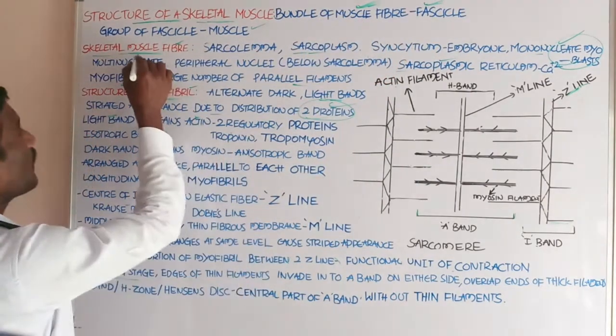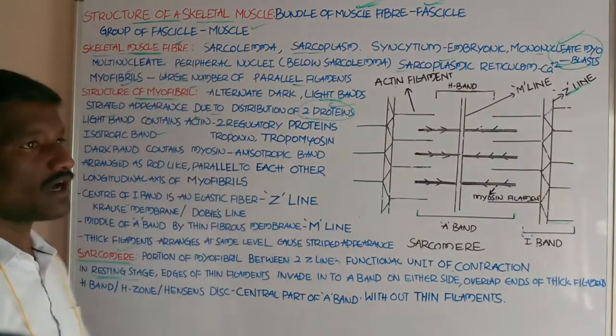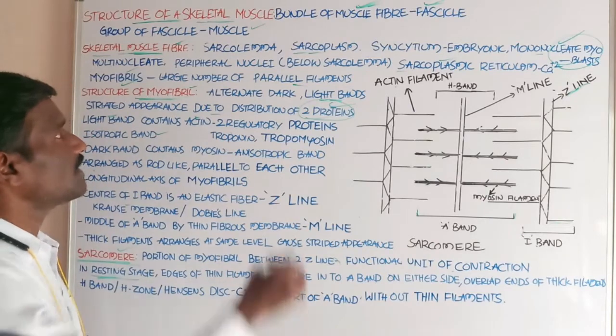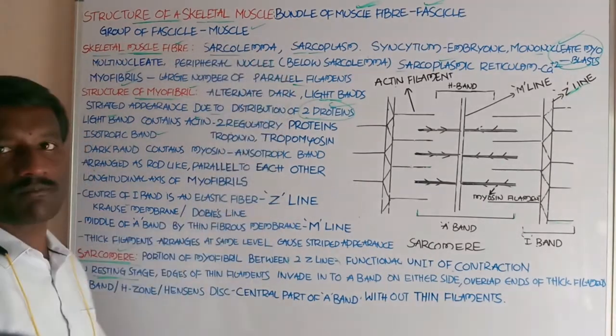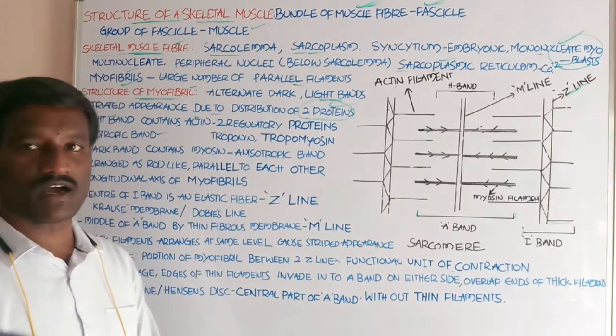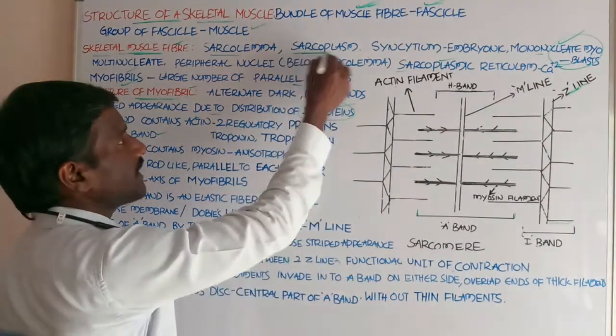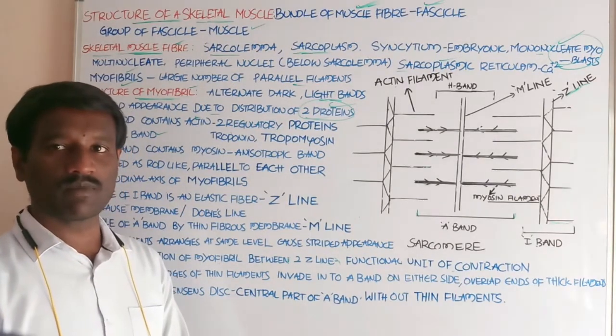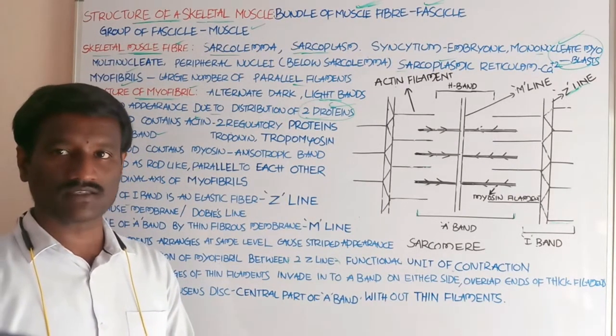Now, the structure of the skeletal muscle fiber. The skeletal muscle fiber is covered with a plasma membrane called the sarcolemma, and the cytoplasm present in the muscle fiber is called sarcoplasm.